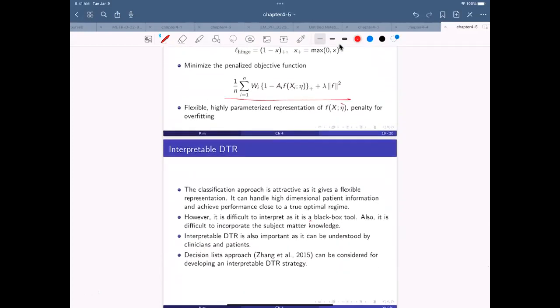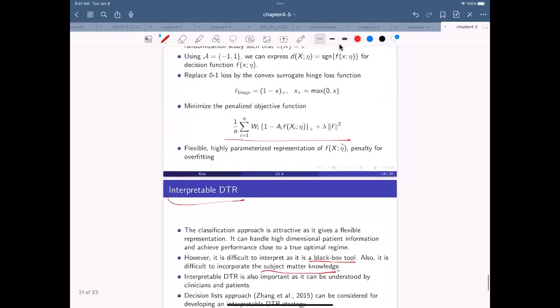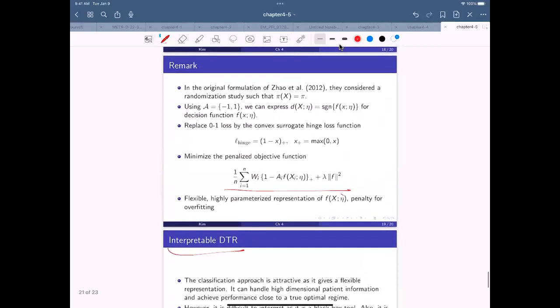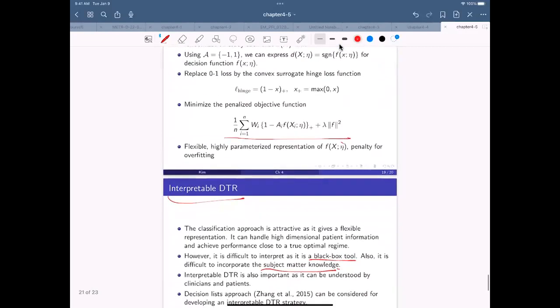So again, with this kind of approach, there's some issue of interpretability, because for an interpretable DTR we want to incorporate domain subject matter knowledge. But if you purely use this machine learning type method, you can't. So there's a limitation.